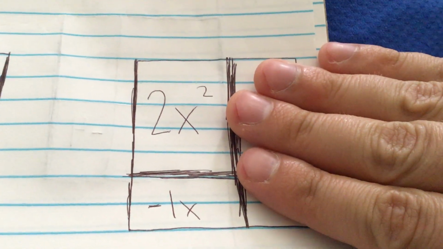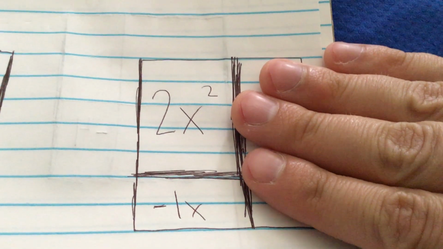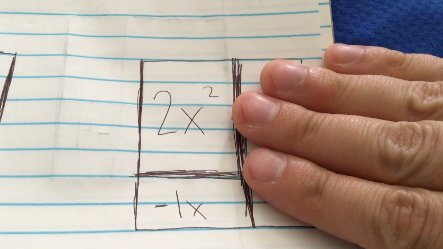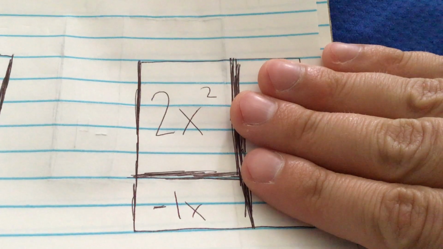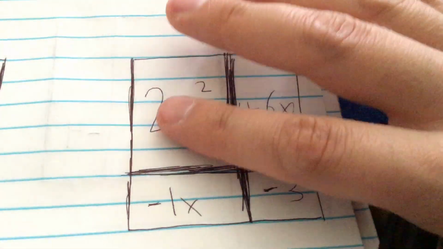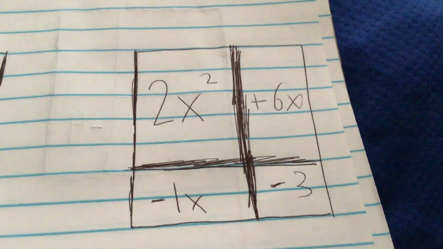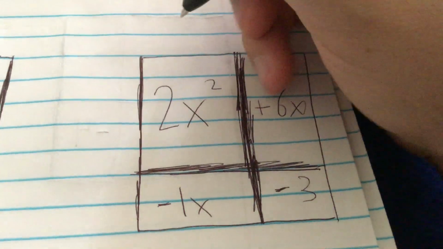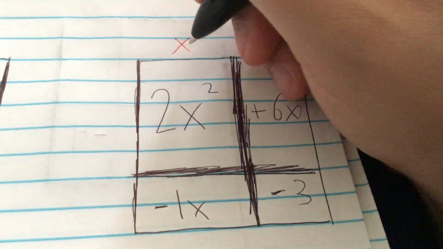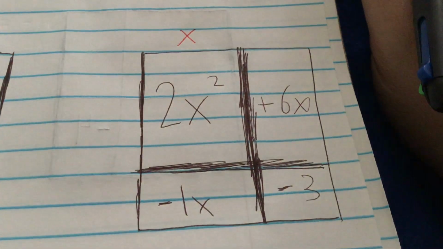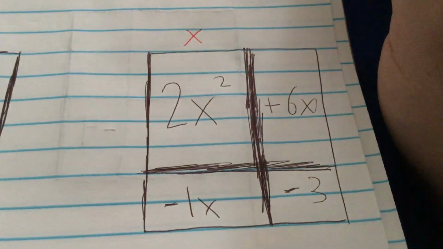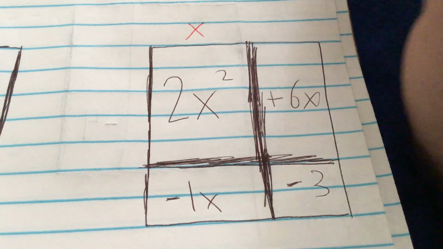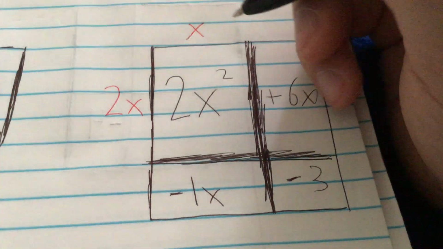Okay, so now I'm going to cover up the right column, and you're going to tell me what is the greatest common factor I can take out of 2x squared and -1x? Well, I can't divide anything other than 1, and I can only divide out an x, so I'm going to factor out x from 2x squared and -1x. X times what is 2x squared? 2x.